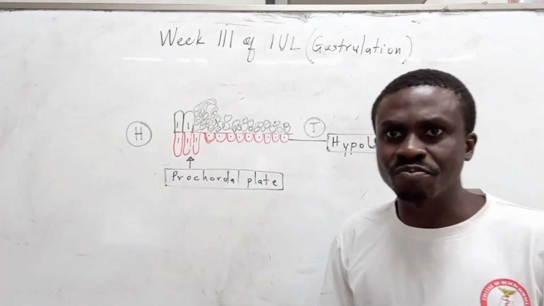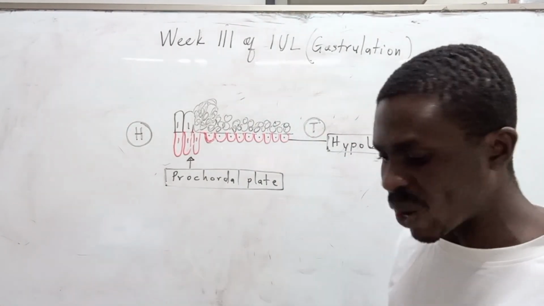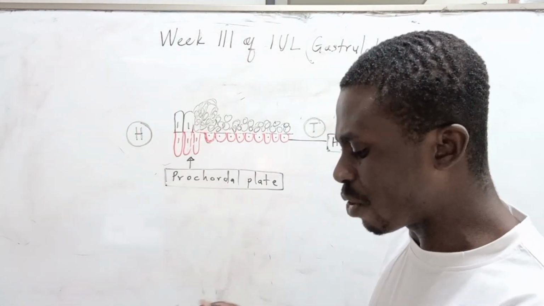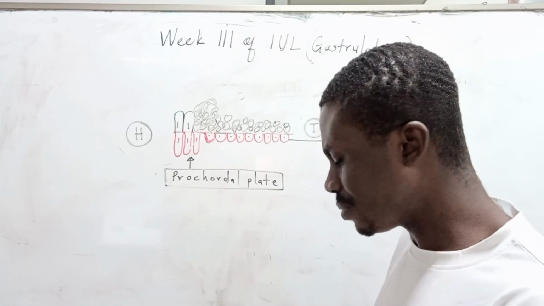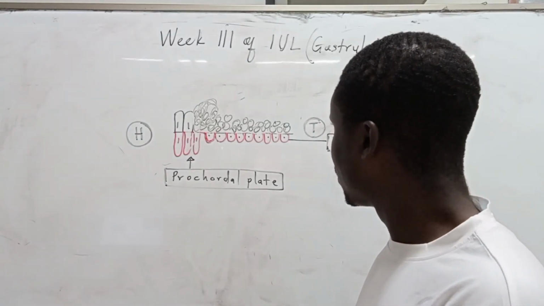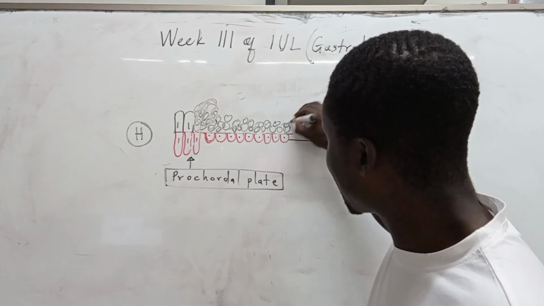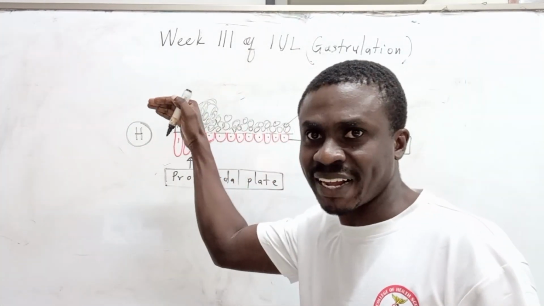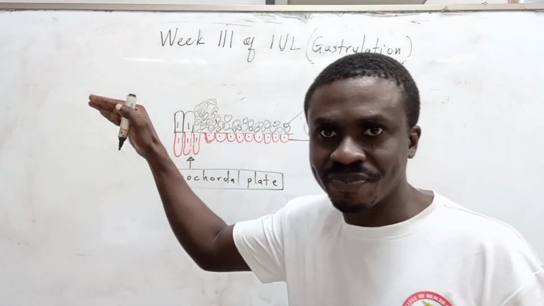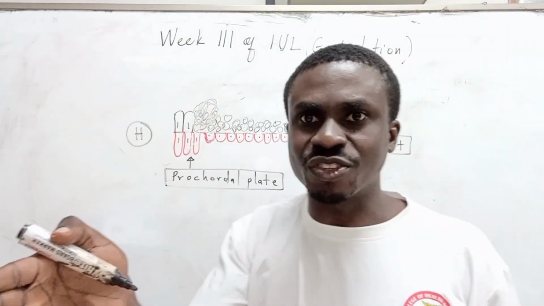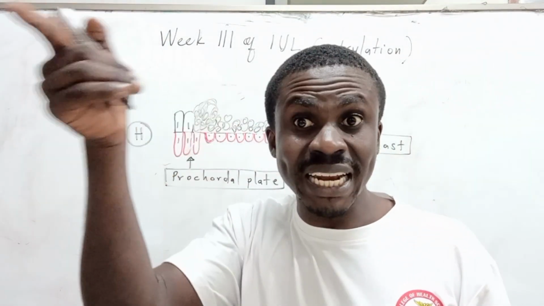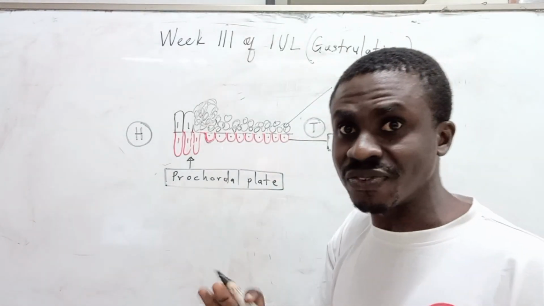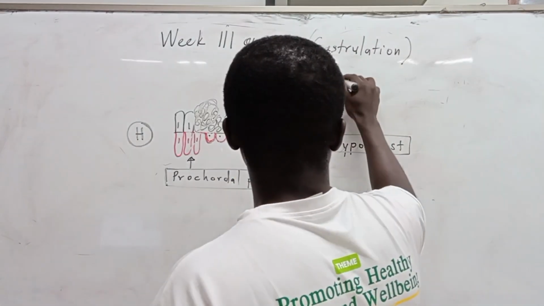So that's what we see. Schematically, I'm trying to explain this for you. This kind of movement, the proliferation, began from the caudal end of the embryo and moved towards the cranial end. This proliferation of midline cells of the epiblast toward the cranial end is something we call the primitive streak.